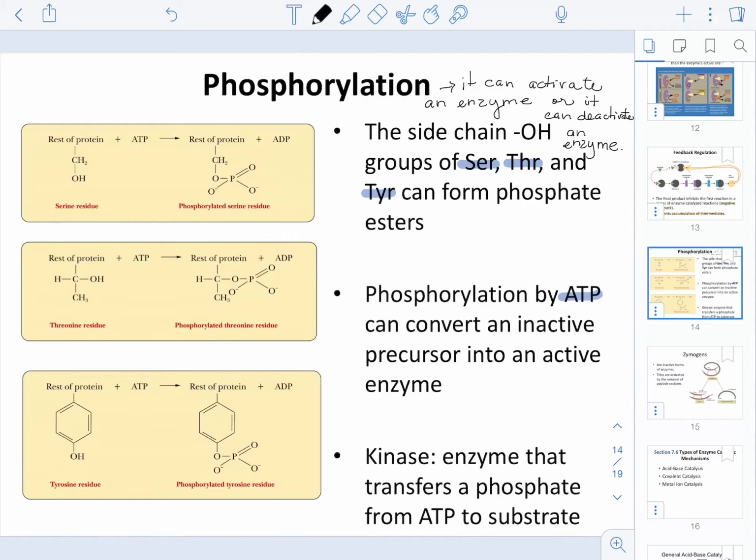So it depends on what the system needs. The enzymes themselves that are going to be catalyzing these reactions are known as kinases, and they are going to be transferring a phosphate from ATP to the substrate and forming that phosphate ester bond.